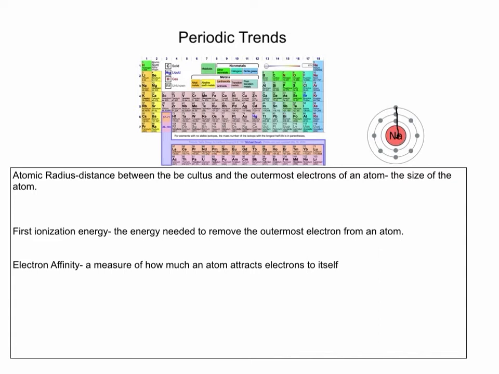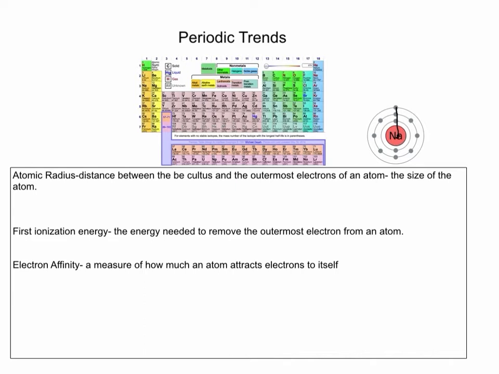So it's almost the opposite of the ionization energy. The ionization energy is really a measure of how easy it is to remove this electron right here. And electron affinity is how much an atom wants to gain that electron back. So if we have an atom that wants to gain or needs to gain an electron, it will measure how easily that atom will attract the electron.